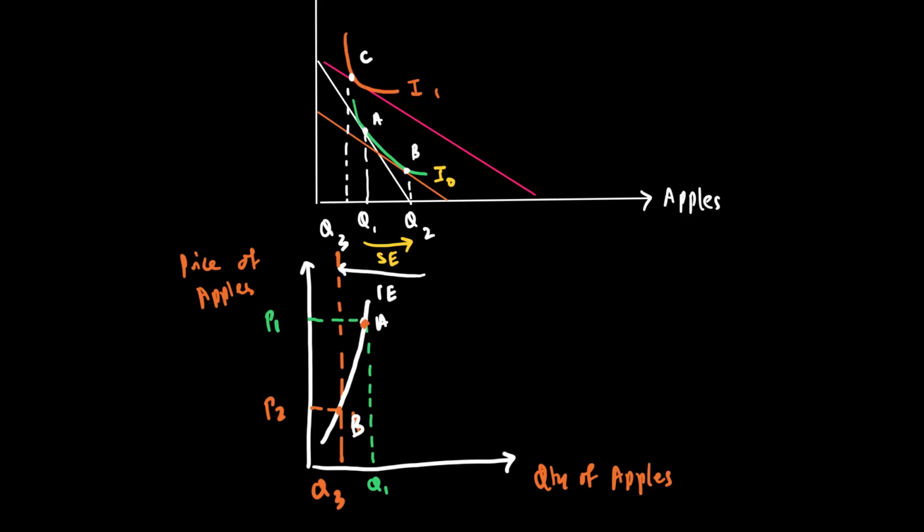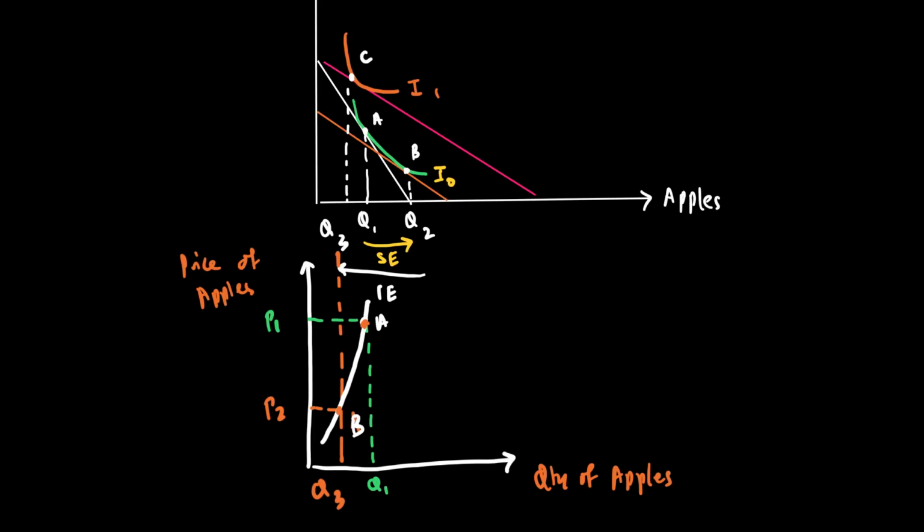So if I give you a quick summary, for normal goods, the demand curve is downward sloping. For inferior goods, the demand curve is downward sloping. But for Giffen goods, the demand curve is upward sloping. So Giffen goods are the only good where the demand curve will be upward sloping. The second thing is that for normal goods, substitution effect and income effect reinforce each other. But for inferior goods, the substitution effect and income effect move in different directions.